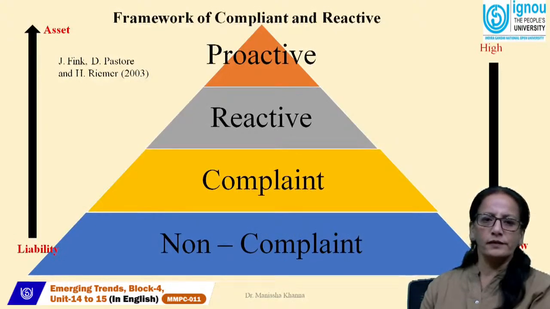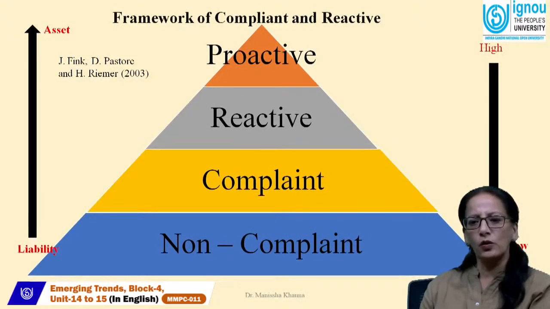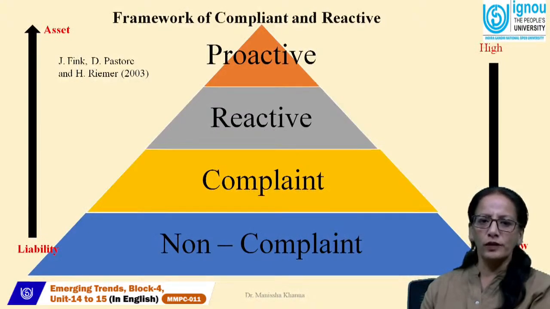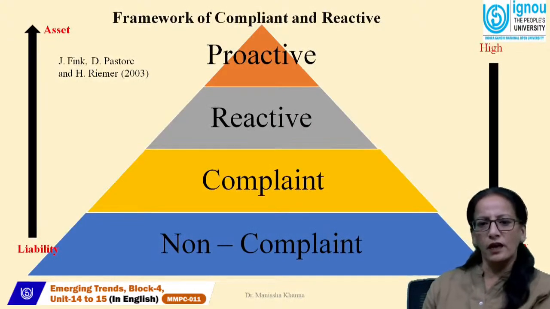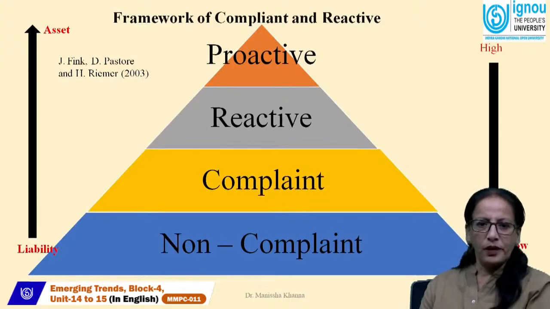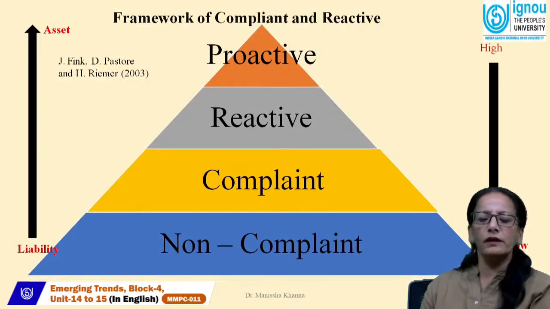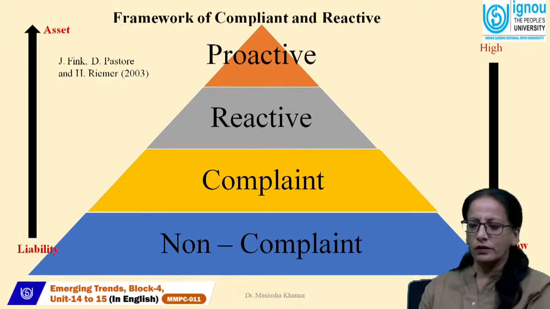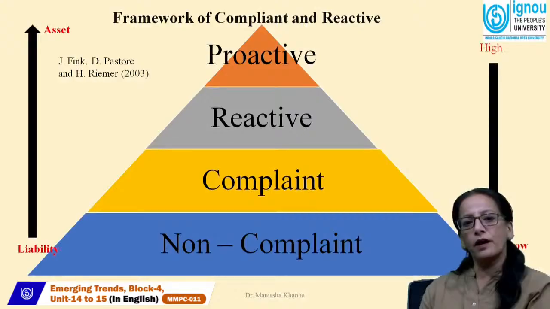When there is liability at a very high level, they are known as the non-compliant people. When there is lesser liability, on a medium or lower scale, then there are compliant people. And when it is a little above, moving towards asset, on a higher mode, then those people are reactive.